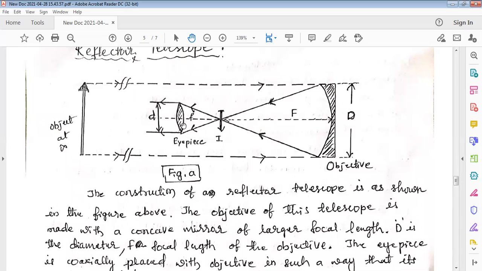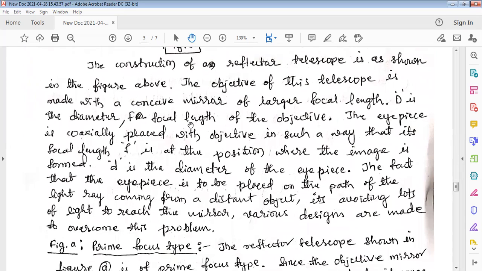The eyepiece now has to be placed in the path of the incoming rays. Because of that, the eyepiece obstructs or blocks some amount of light energy from reaching the concave mirror. This is the biggest drawback of this reflector type of telescope.